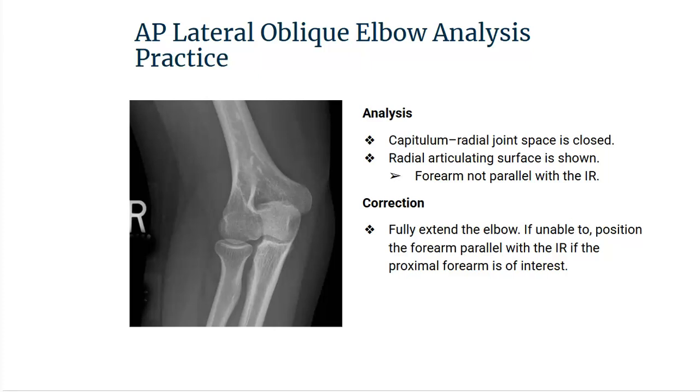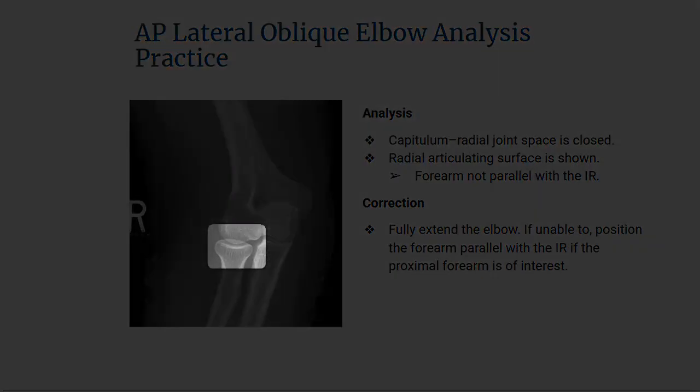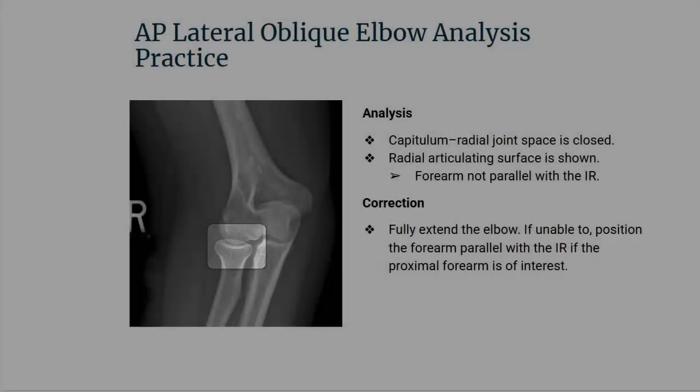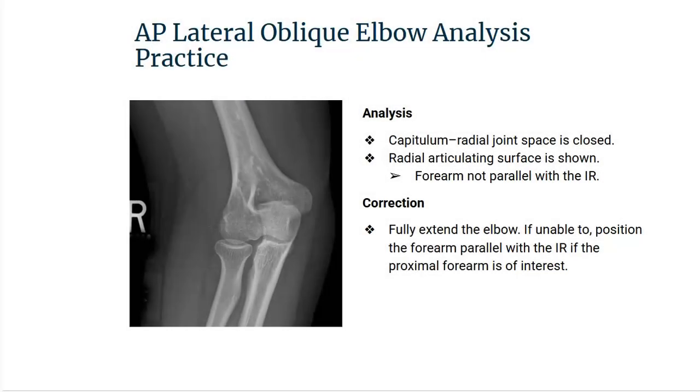When analyzing this image, you want to look at the relationship between the capitulum and radial joint space. In this case, it is closed. This indicates that the forearm is not parallel with the IR. The forearm and elbow joint are not extended like they should be. The radial articulating surface is also shown. So in this case, we need to fully extend the elbow in order to get that joint space open.